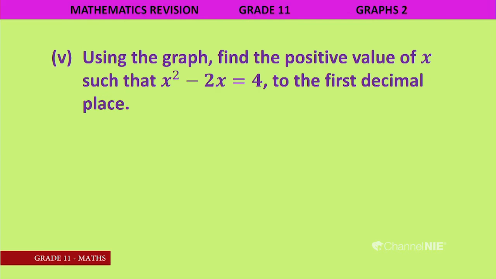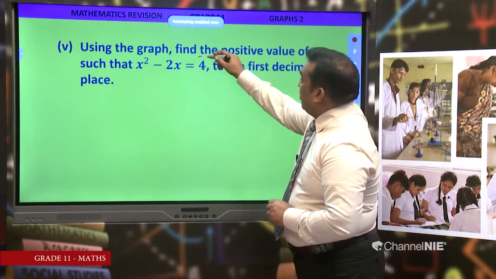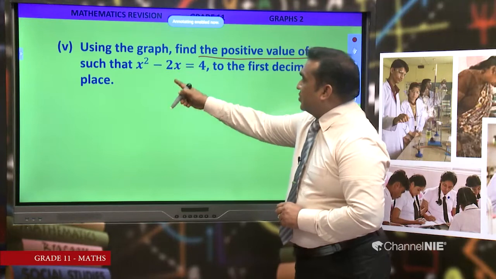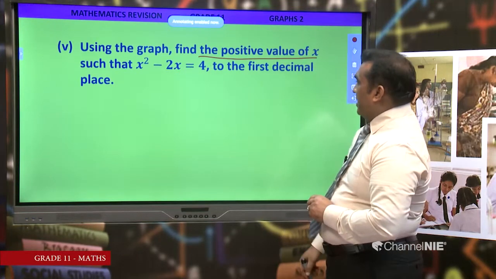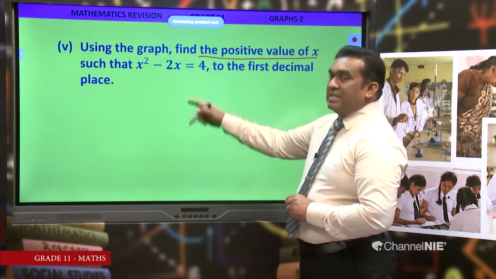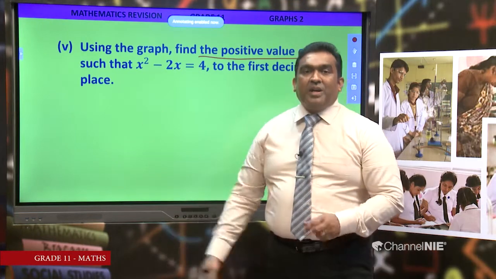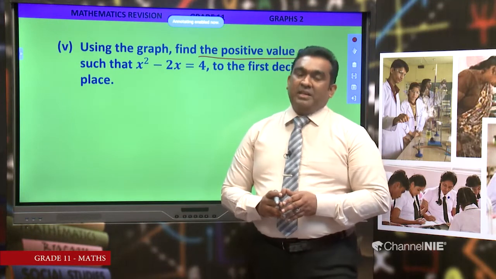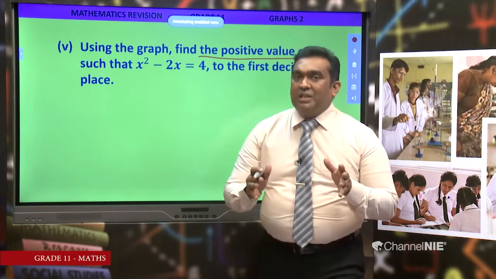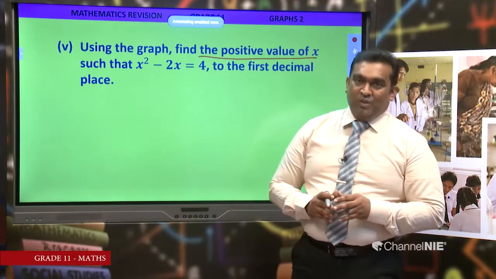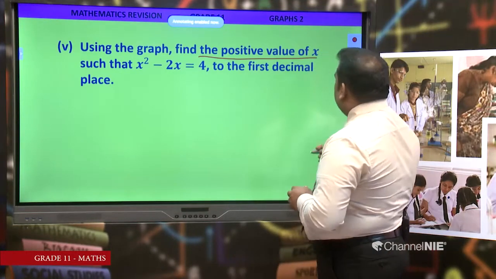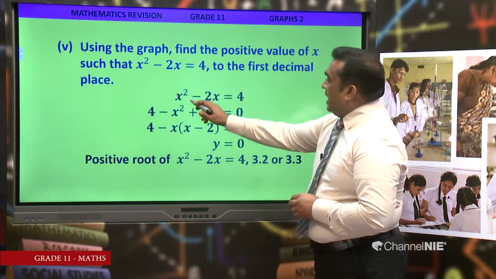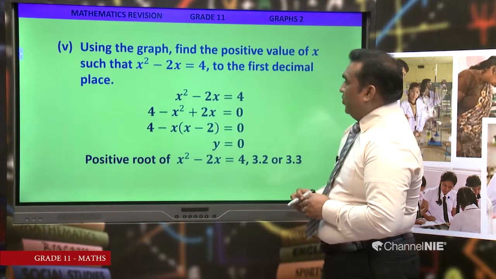It means we want to solve a quadratic equation using the curved line graph. This is the graphical method of solving a quadratic equation. Right, we will see. x squared minus 2x equals 4.